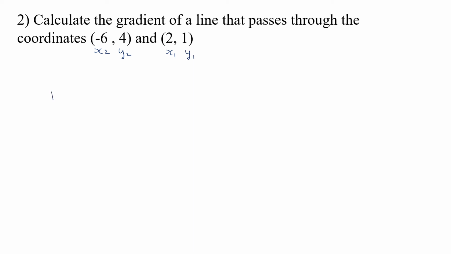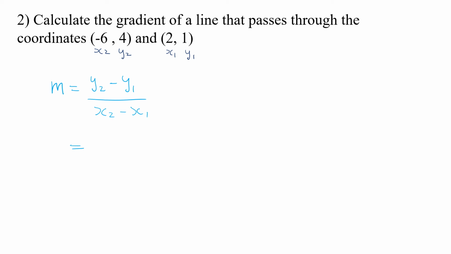And again, I always like to recall a formula. Let me change the color here. Let's use light blue. So we say m is equal to, just recalling the formula, y2 minus y1 divided by x2 minus x1. And since we already labeled our x's and our y's, it's just to identify which one we label as which.